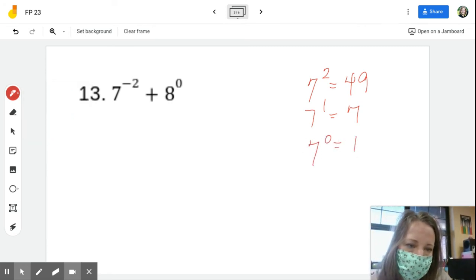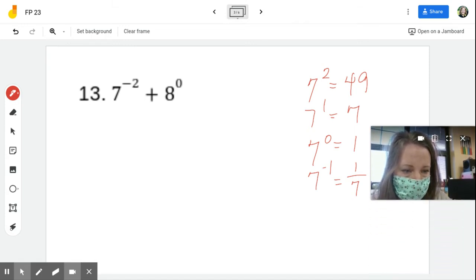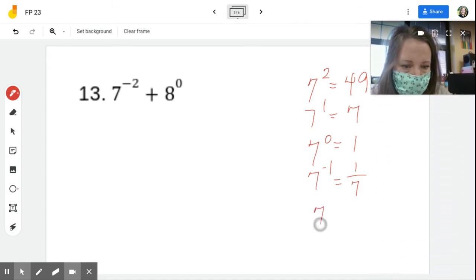So you kind of see a pattern here. 7 to the -1 is going to be 1 over 7. 7 to the -2 is 1 over 7 squared. See the pattern? And 7 squared is 49.